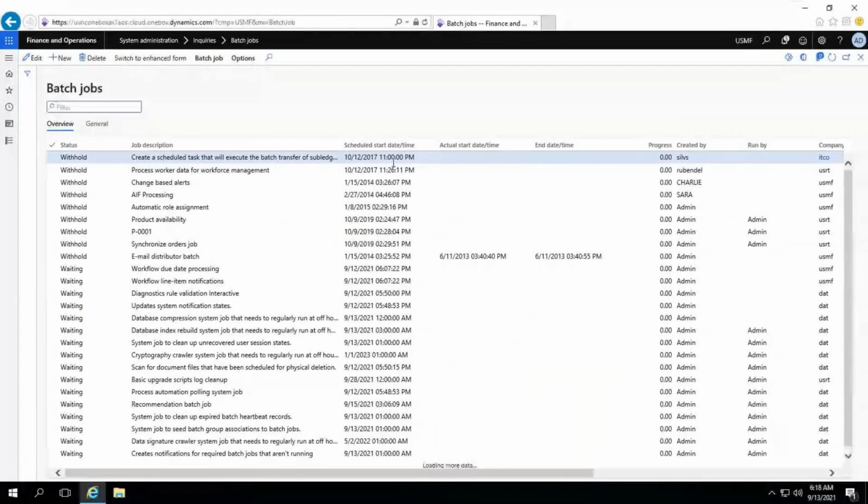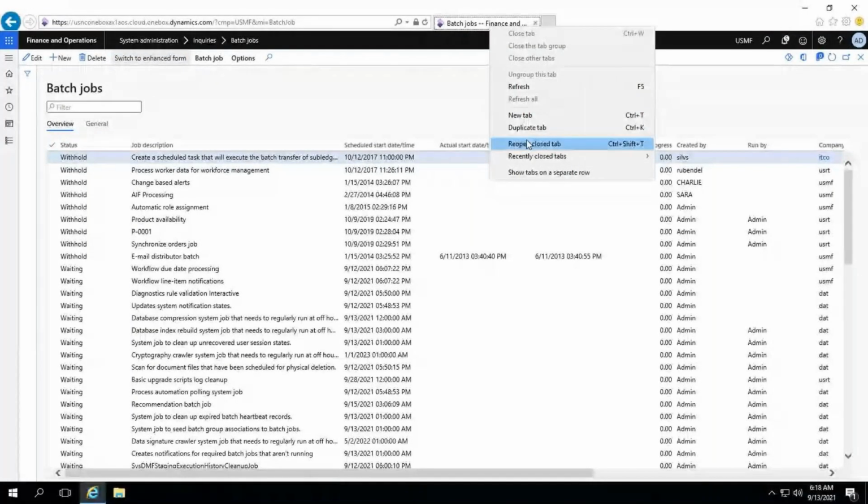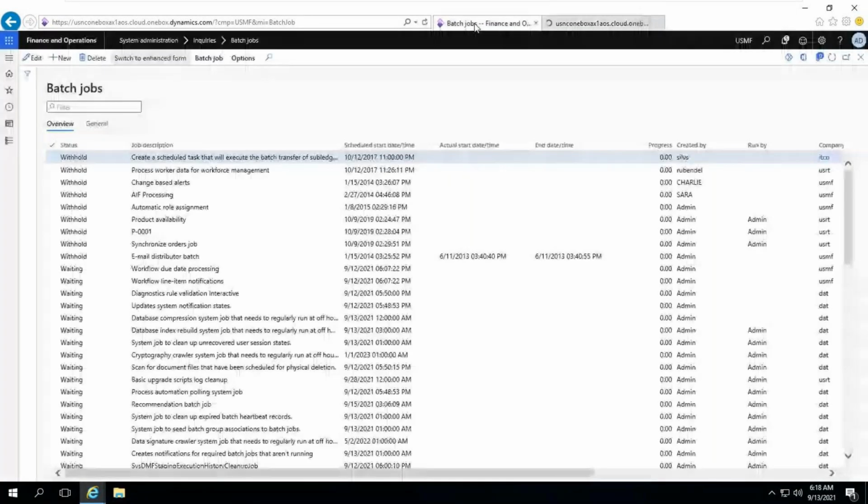Click on switch to enhanced form. Then this will change to another form. The look and feel will change.